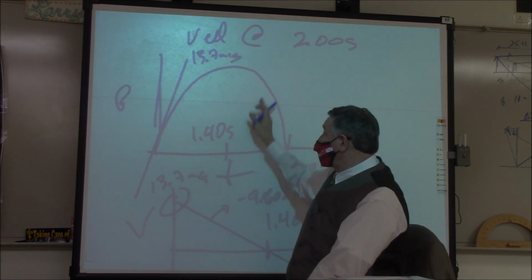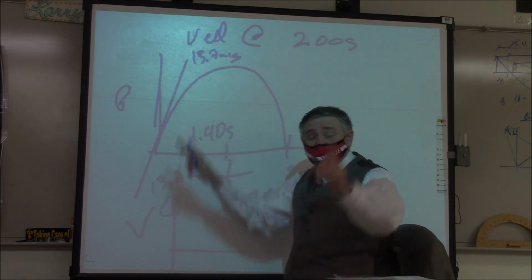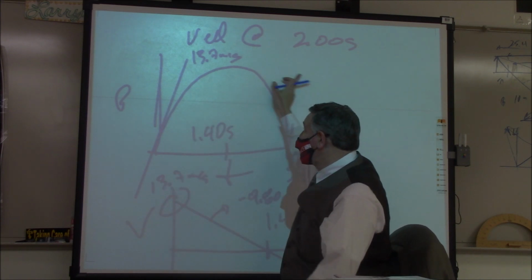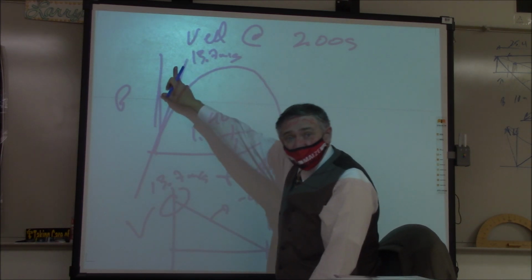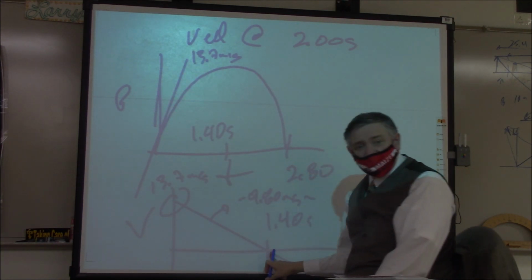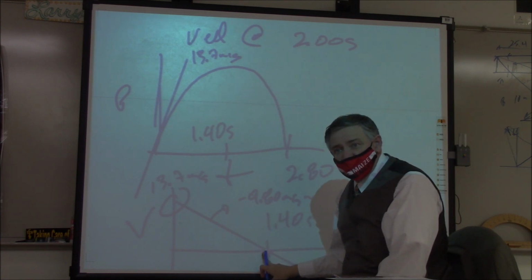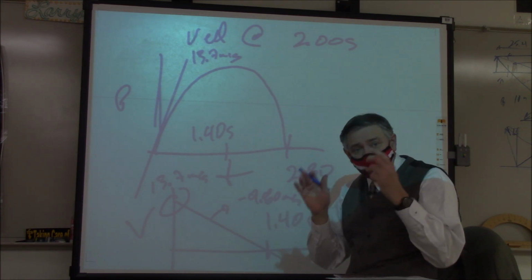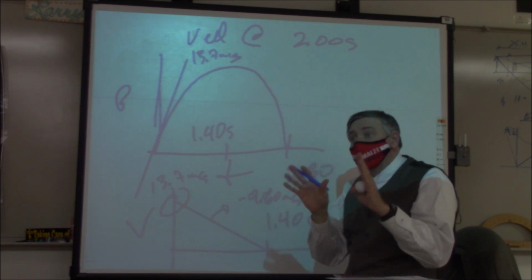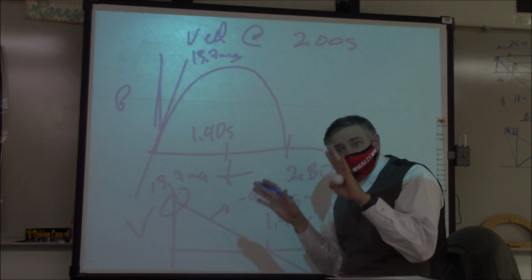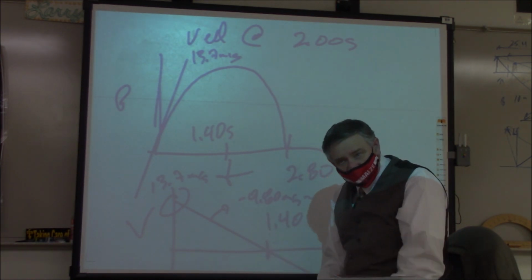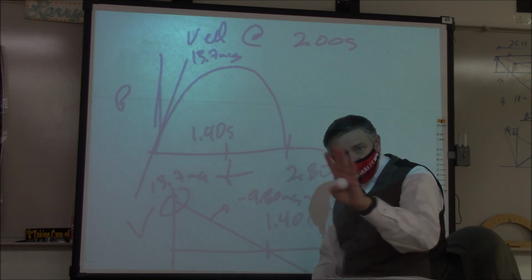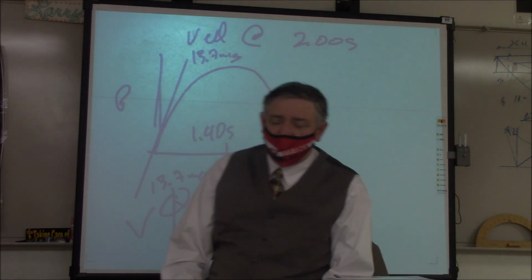At 1.40 seconds, the velocity goes to 0. I have a tangent line of 0. That's when this graph goes through 0 meters per second. So this is why you have to realize both graphs have to show the same thing happening at the same time.